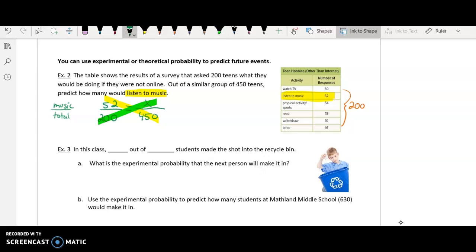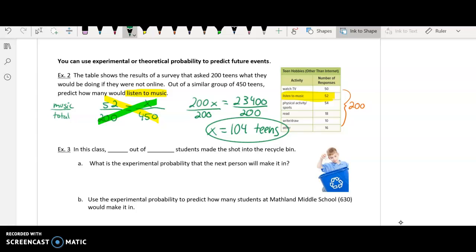And we will get 200x equals, let's see, 52 times 450 gives me 23,400. And I can divide both sides by 200. And we end up getting 104 teens chose music. Or we're predicting 104 teens would choose music.